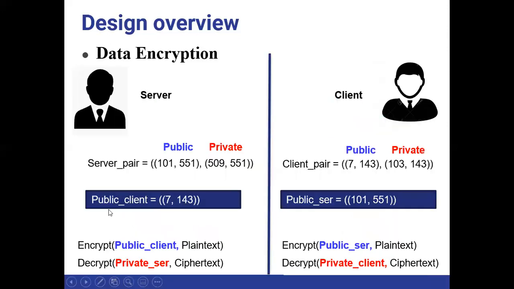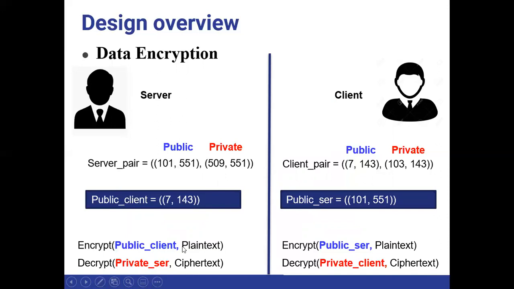And this is just an example. This is the server pair, this is the public key and this is the private key of the server, and in the client it's the same. This is the public key and this is the private key of the client. So whenever the server wants to send data to the client, it has to use the public key of the client.